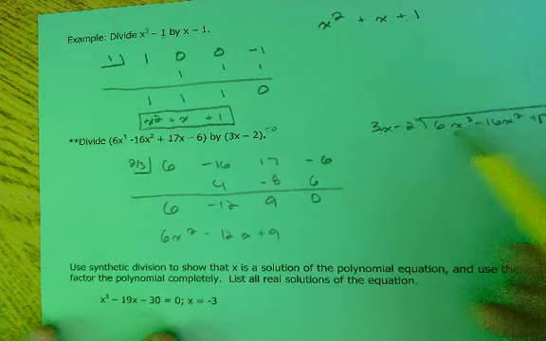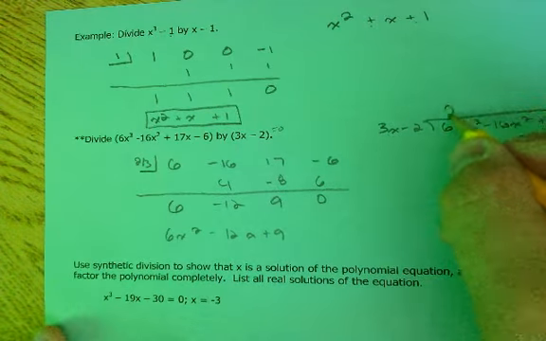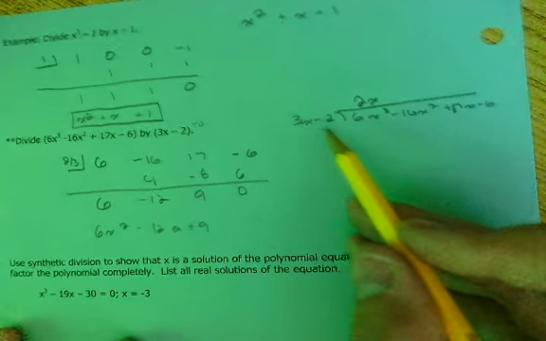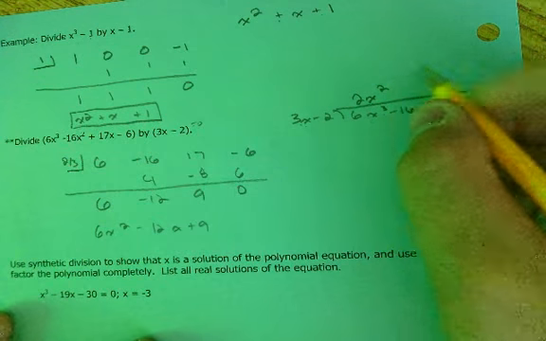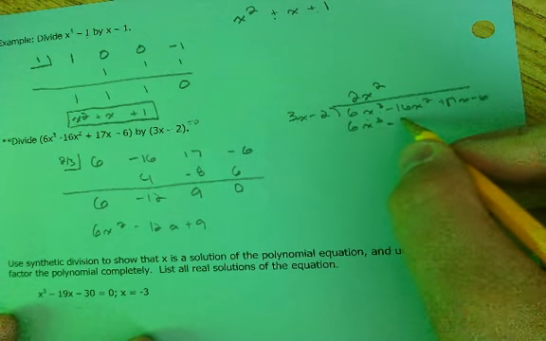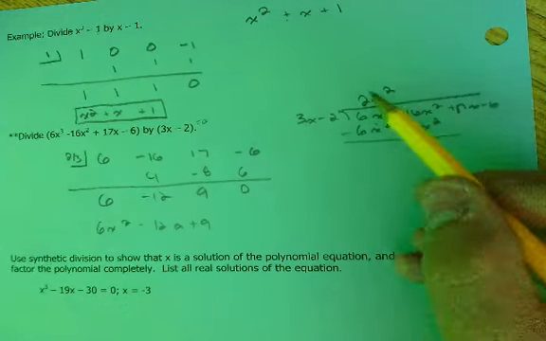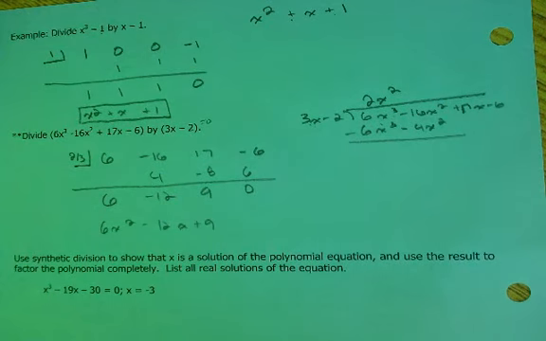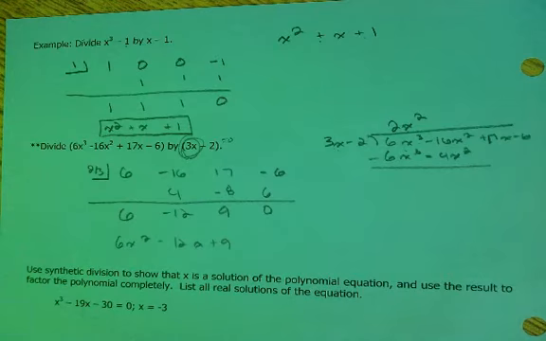So 3x goes into 6x cubed how many times? 2x squared. 6x cubed, and this would be minus 4x squared. Uh-oh. What's different about this answer so far versus this answer? Yeah, it's off by a multiple of 3. Why is it off by a multiple of 3? Because of that 3 in front right there.